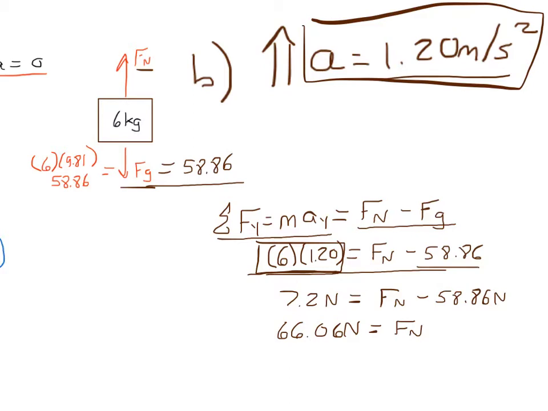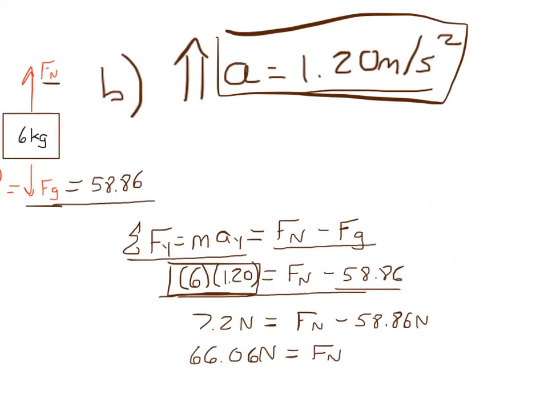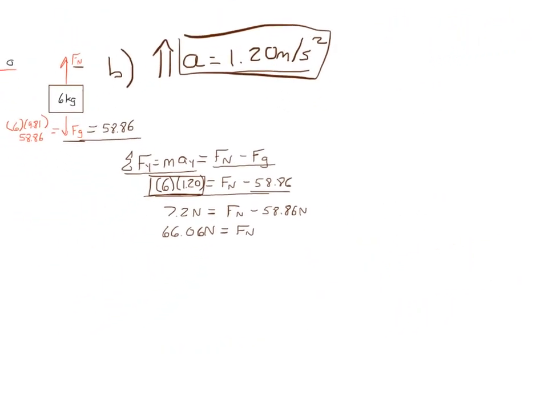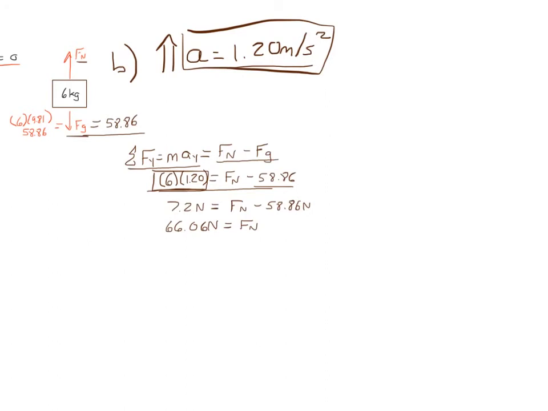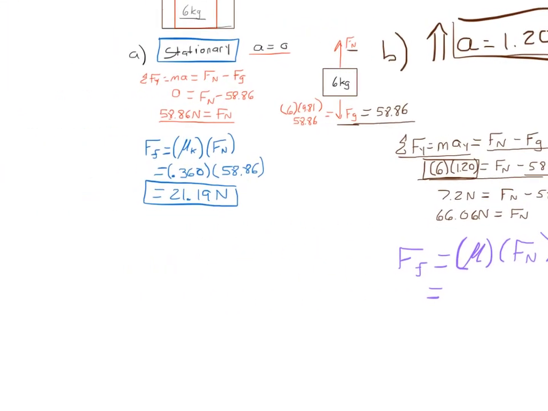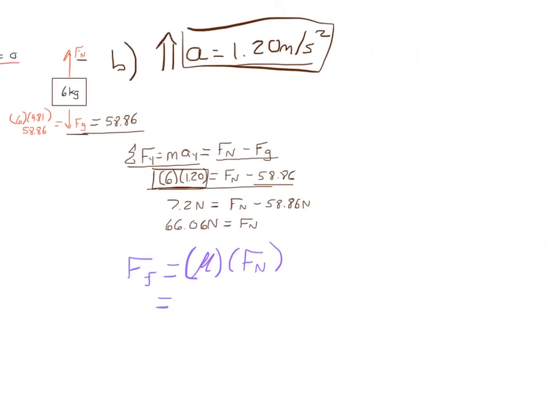So now that we have the normal force, we can find our force of kinetic friction the same way we did before. The force of kinetic friction is still the coefficient times the normal force. Our coefficient is still 0.360.